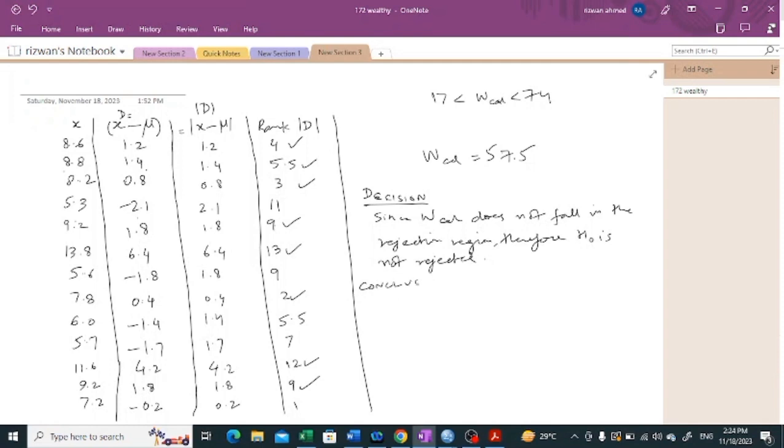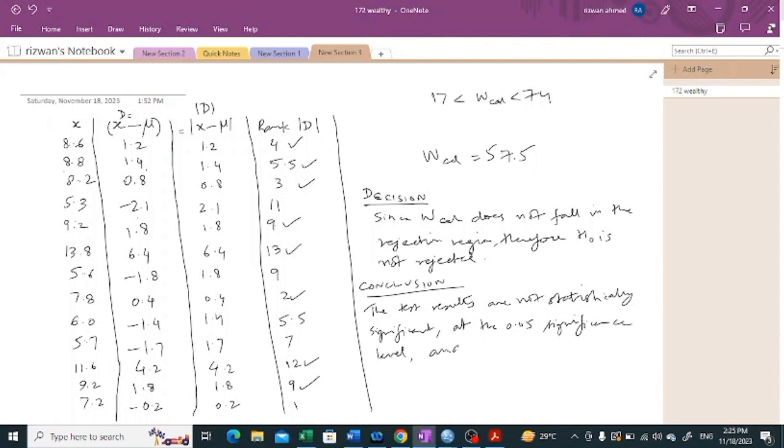And we write down the conclusion as: the test results are not statistically significant at the 0.05 significance level, and data do not provide sufficient evidence to conclude that.